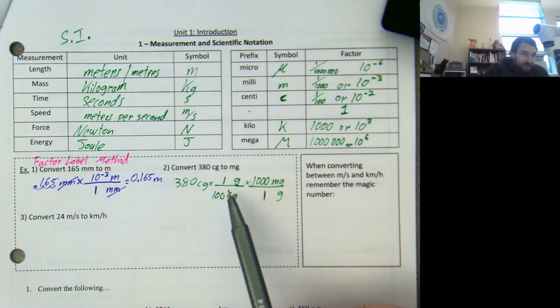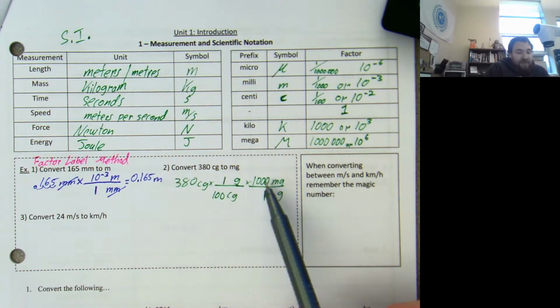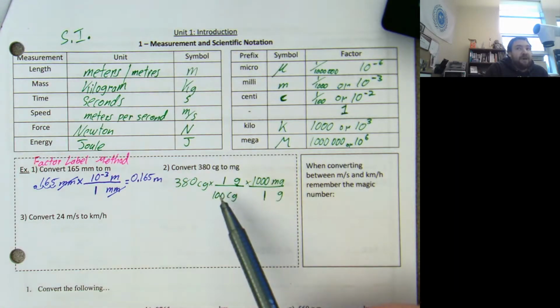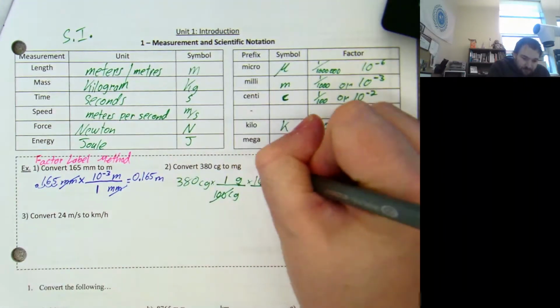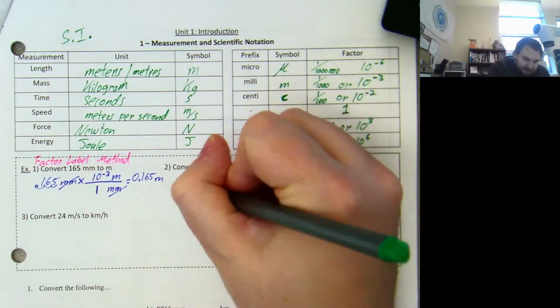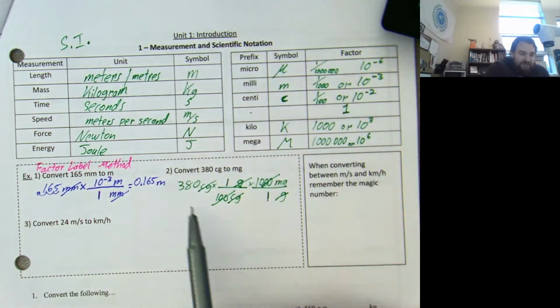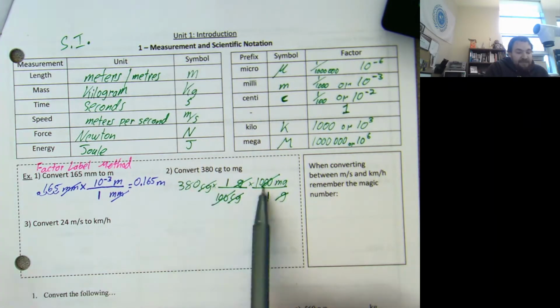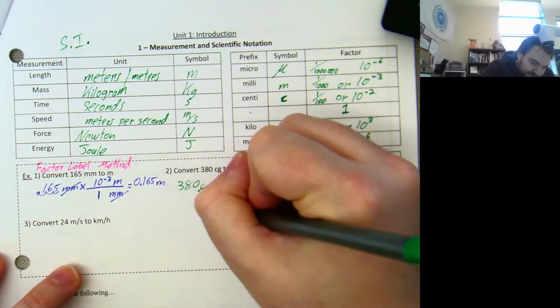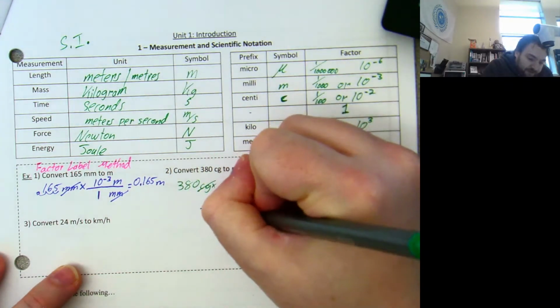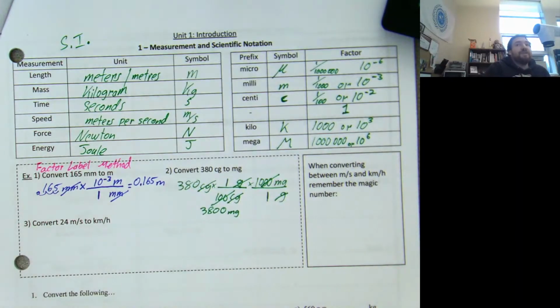But as Constantine already said, this is a relatively easy one, because 1,000 divided by 100 is 10. My centigrams cancel, my grams cancel. So I'm left with 380 times 10 milligrams, which is going to be 3,800 milligrams. It's trivial at this stage, but I want you to get comfortable with the method.